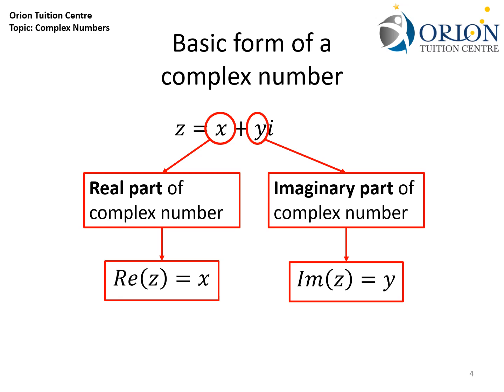Note that we do not need to write the i down when writing the imaginary part of complex number z. So we do not say that Im(z) equals yi, okay? Since y alone is going to be the imaginary component of the complex number.